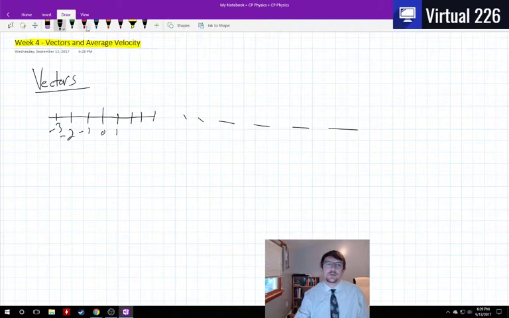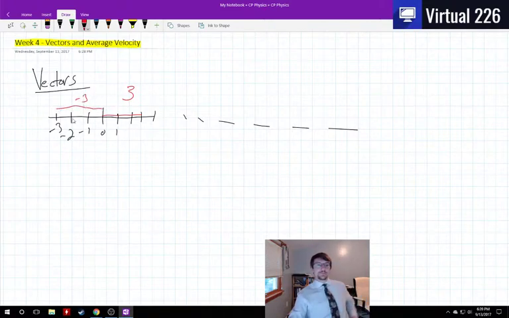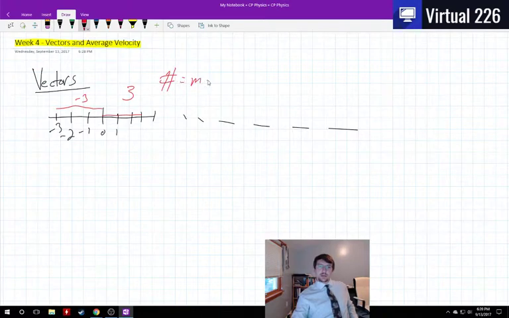Whenever we count on our number line, like we've gone 1, 2, 3, we would get some number there. And if you went in the other direction, you went -3. This number, this just size of something, is what is referred to as a magnitude.